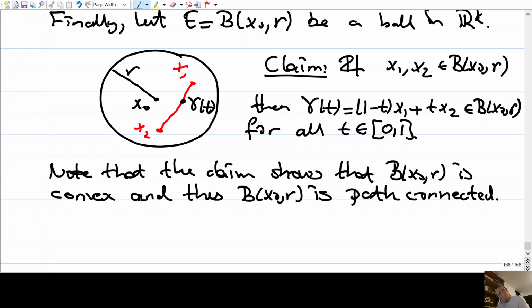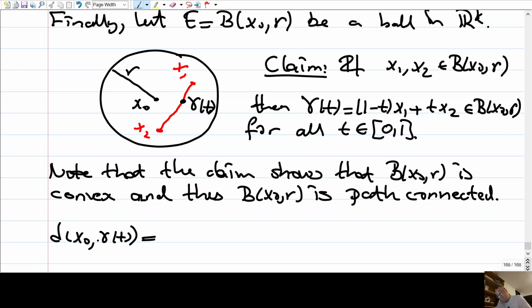You have to just write down the metric. So the distance between x0 and gamma t.